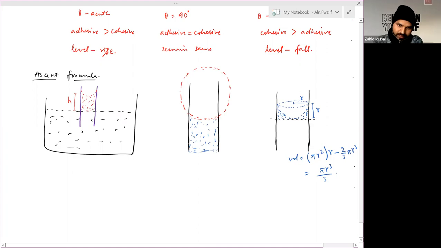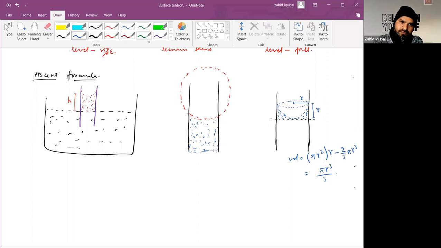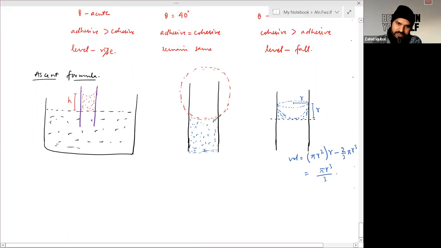So let me define on the basis of concept of surface tension. Let's say surface tension is along this direction, T, inclined at some angle theta. So there will be a component along this direction, T cos theta, which will be acting on the perimeter of its top ring.